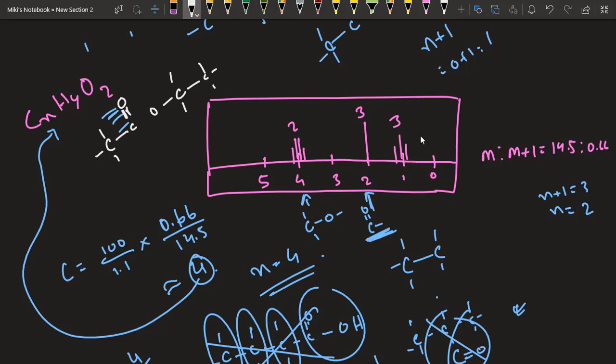At the same time, see over here, we have a triplet here. That means we're talking about the carbon group which should have 3 hydrogen, and its adjacent carbon should have 2 hydrogen, so that we can get a triplet here. And here, yeah, 3 hydrogen, triplet.